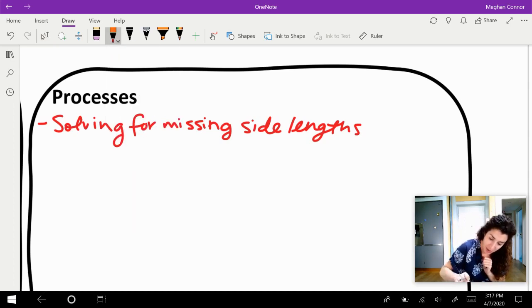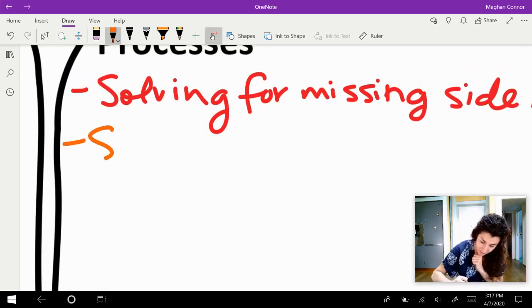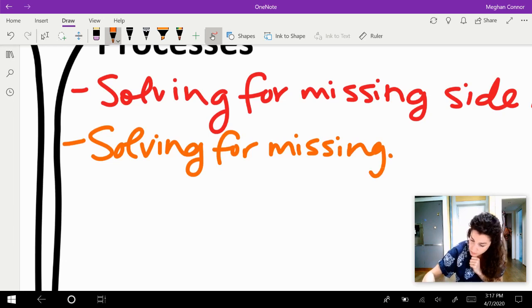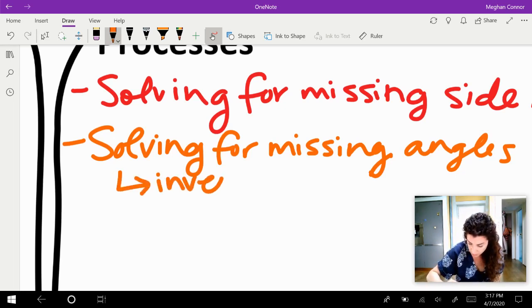The next process that we learned was solving for missing angles. So this is just a little bit more complicated because we still have to set up our formula, but then we have to use our inverse trig for some of them.